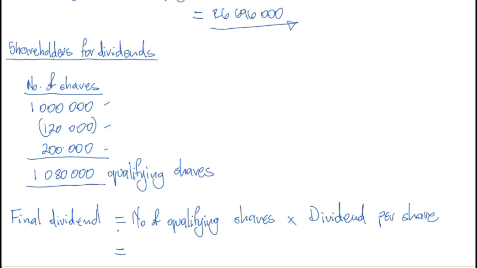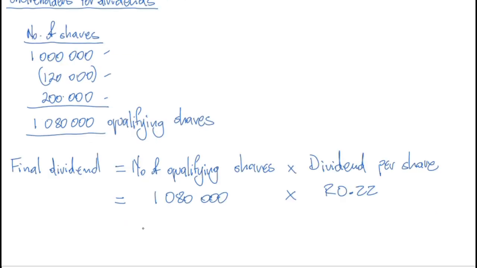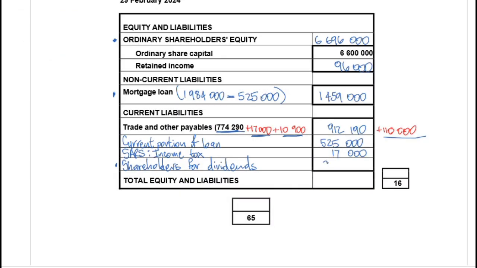This in turn equals 1,080,000 shares multiplied by 22 cents or 0.22 rands, which equals 237,600 rands. So in the balance sheet under the shareholders for dividends line item, we are going to show 237,600 rands as the amount outstanding for the line item shareholders for dividends.